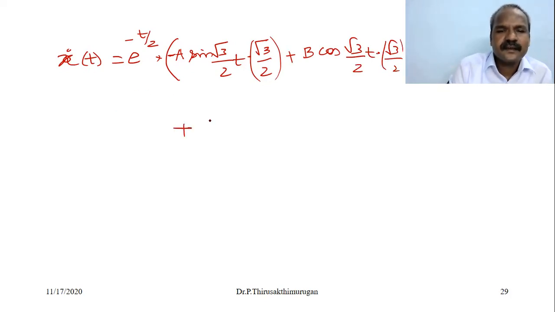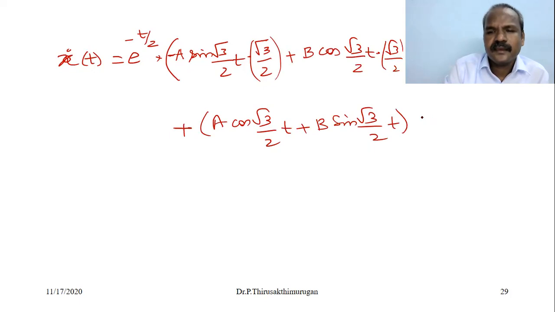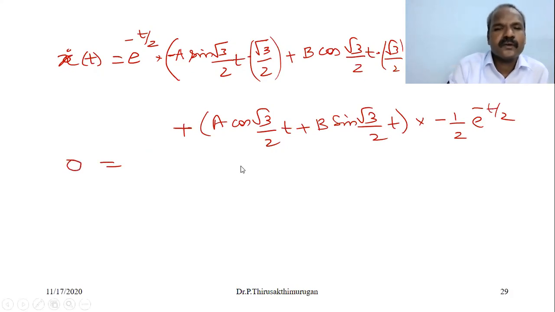Plus (A cos √3/2 t plus B sin √3/2 t) into -1/2 e power -t by 2. So this is equal to 0. So when t is 0, this becomes 0.